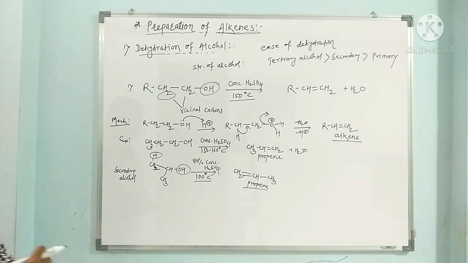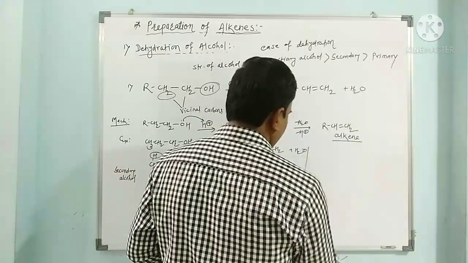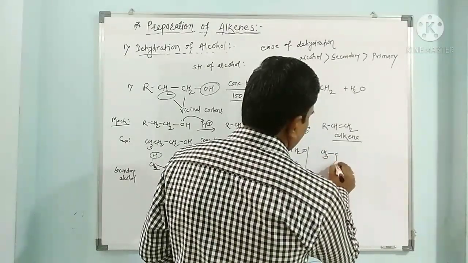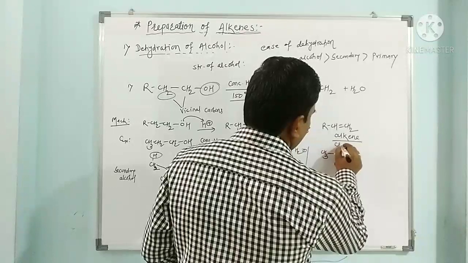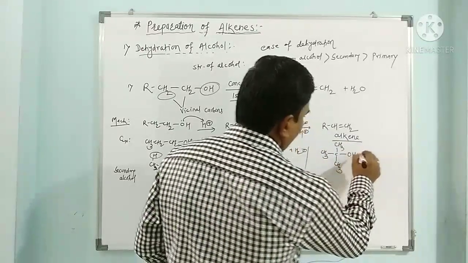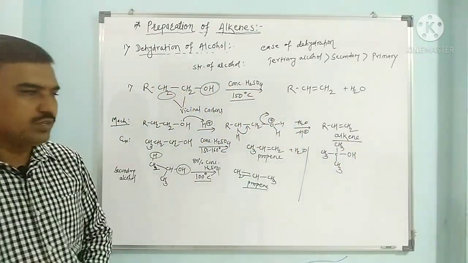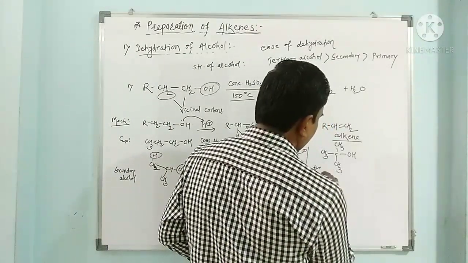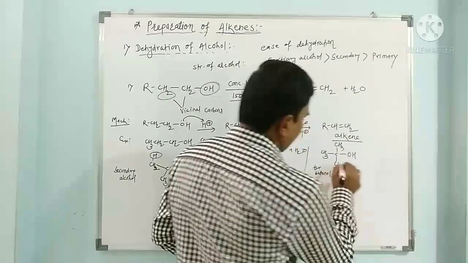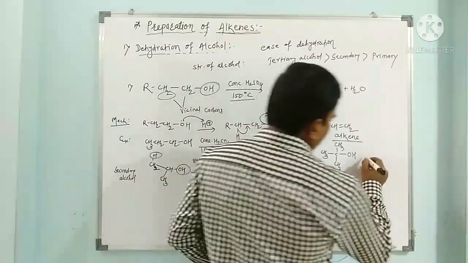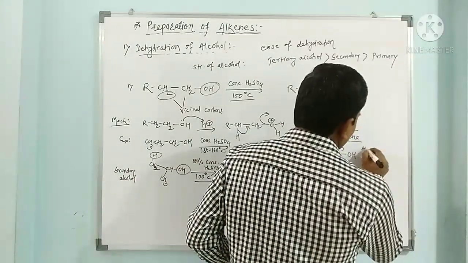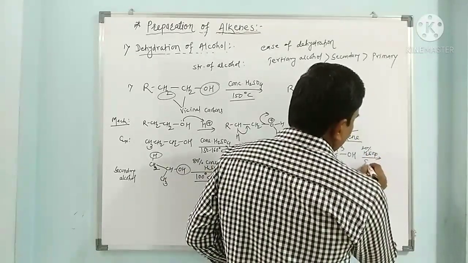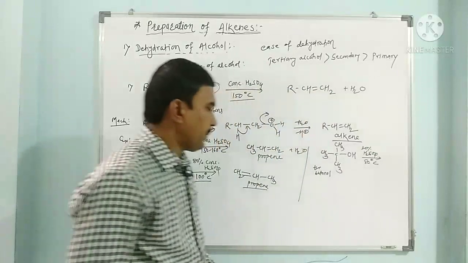When we have a tertiary alcohol such as (CH3)3COH, this is tertiary butanol, or tertiary butyl alcohol. It reacts with around 20% sulfuric acid at around 80 degrees Celsius.